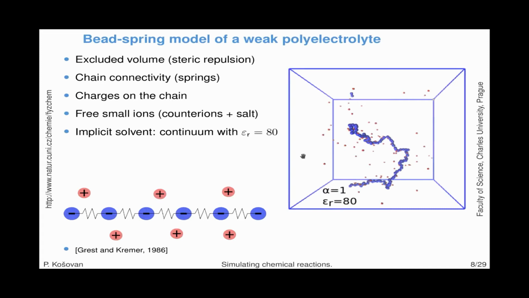It accounts for chain connectivity by means of bonded potentials. It accounts for charges on the chain and also for free small ions floating around in the system. And it also accounts for the presence of the solvent in the implicit manner by treating it as a dielectric continuum with a permittivity that we usually set to the value close to the permittivity of water.